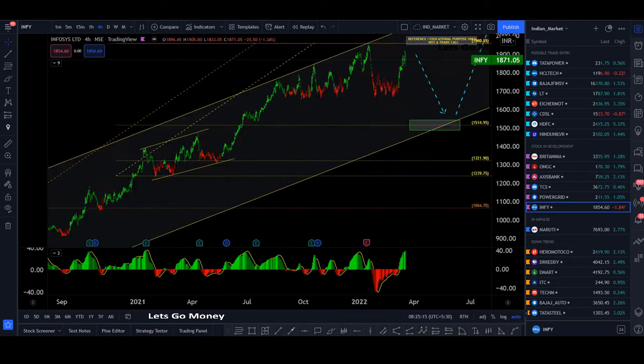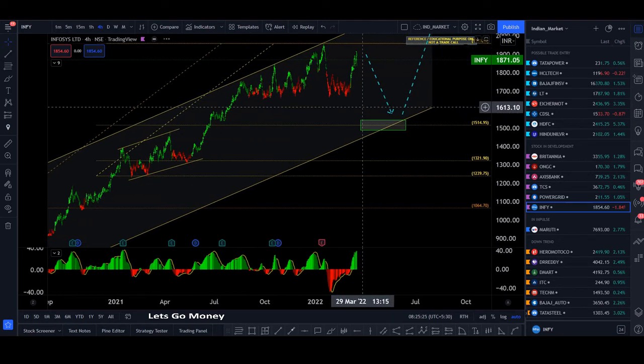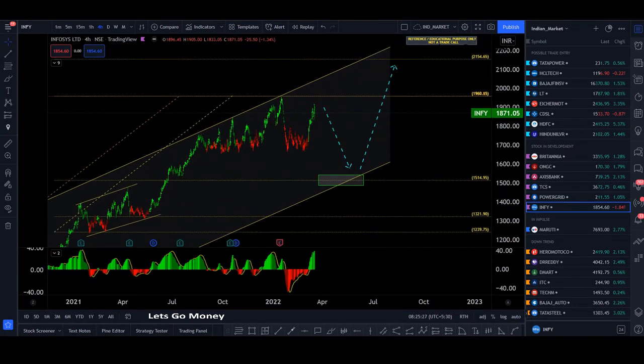Infosys definitely did a good pull up, as we always discuss. This is a very good support zone, so it made a very good move, but I'm not sure if this is the start of an uptrend yet. I'm expecting a drop followed by a correction. There can be two ways now, as we know.